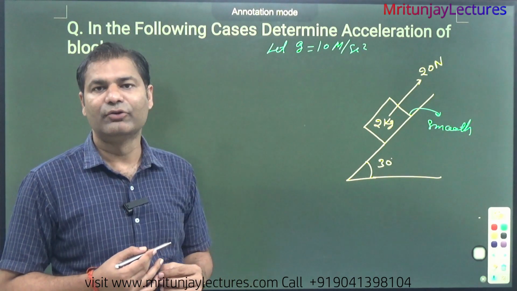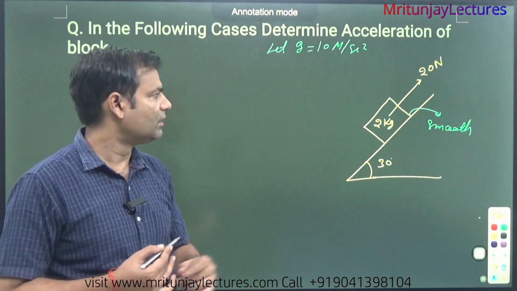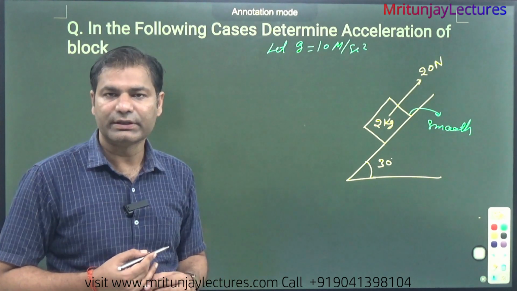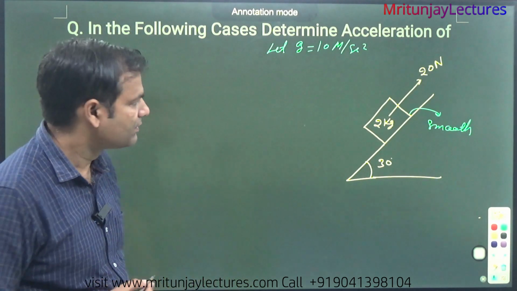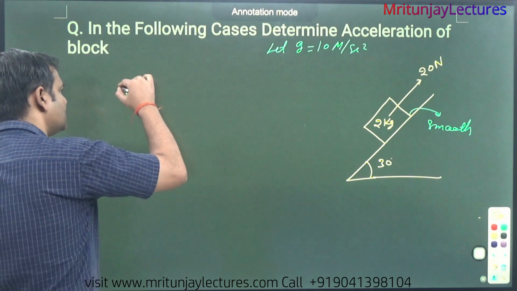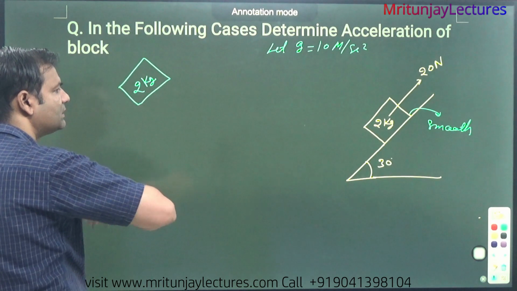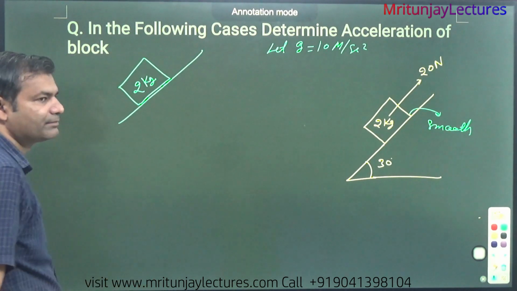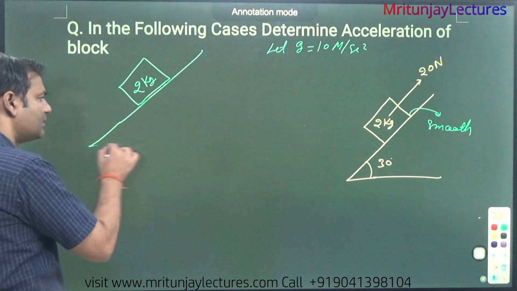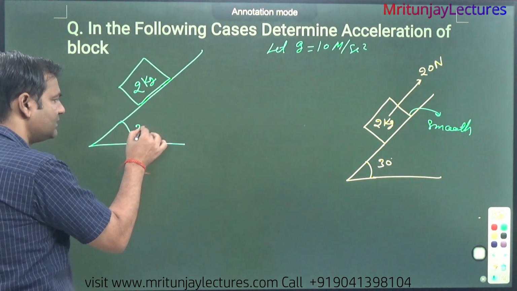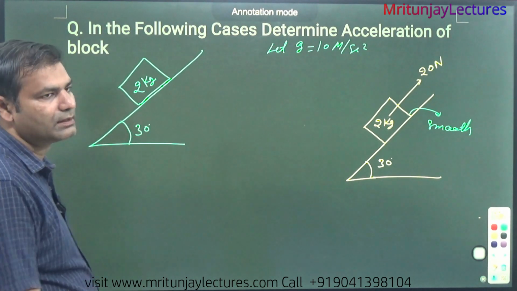So, first of all, we have to focus on the free body diagram of this system. That is the 20 N force, that is the 2 kg block, and that is the inclined plane, and this angle is 30 degrees.